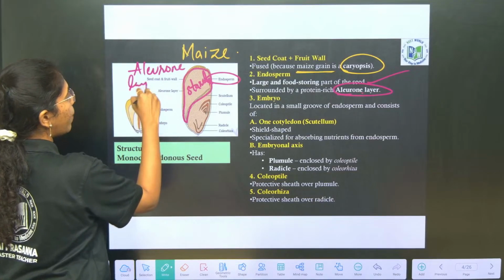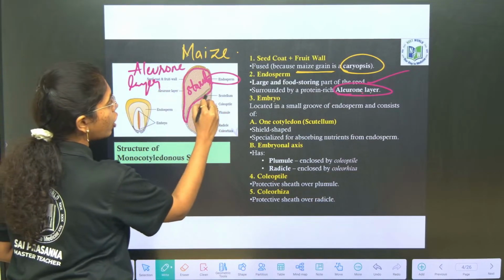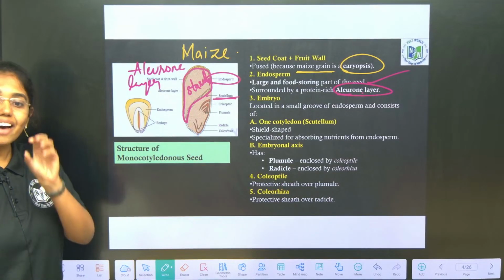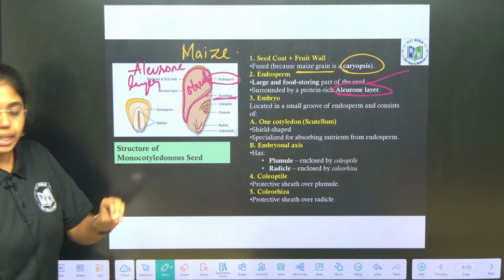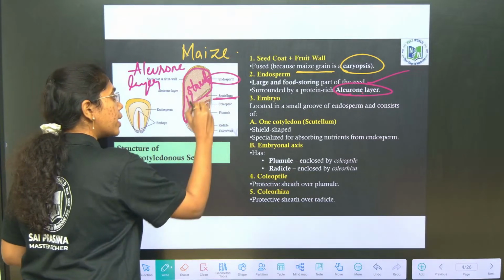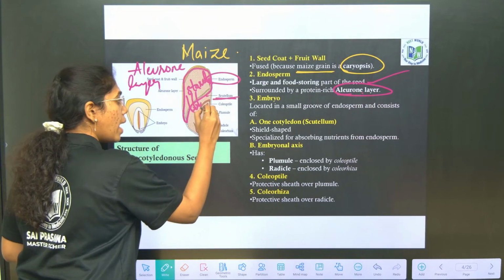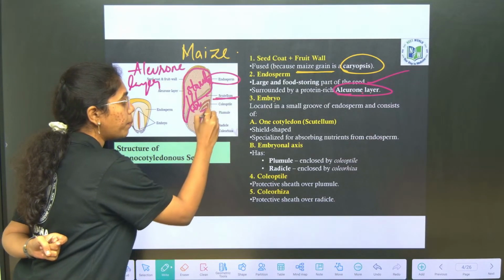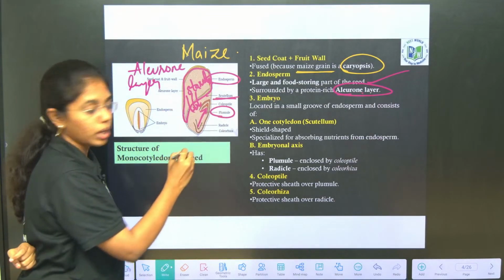It has a papery cotyledon, called the scutellum. This papery cotyledon doesn't have reserve food material in it, but it transfers the food material from the endosperm to the embryonal axis. The embryonal axis has the plumule at the tip region and the radicle at the lower region.